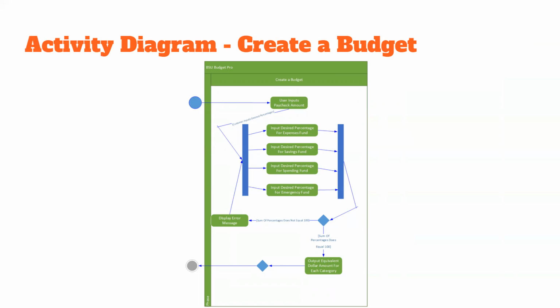If those 4 percentages do not add up to 100%, you will receive a display error message asking you to make sure that it all adds up. Otherwise, you'll have extra money left over, or you'll be somehow having money that you didn't earn. And then once this is done correctly, it will output the equivalent dollar amount based on the percentages that you inputted.